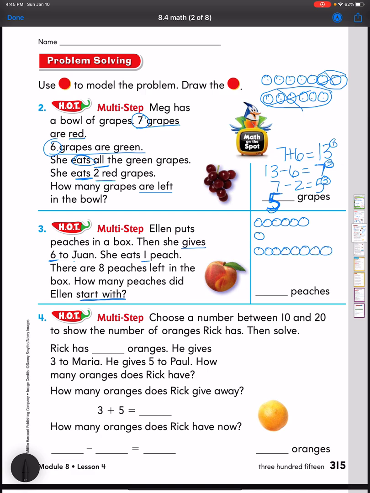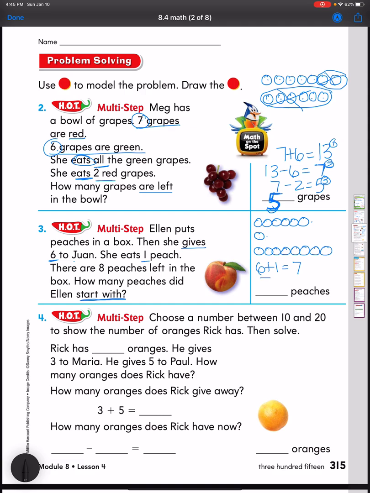All right, so let's start with this. 6 plus 1. I know 6 plus 1 is 7. I could say 6, 7. Okay? So those are the ones she gave to 1 and the ones she ate. And there were 8 peaches still in the box.